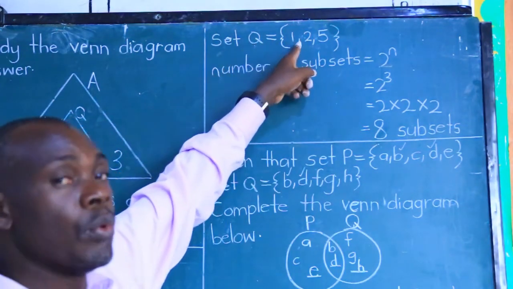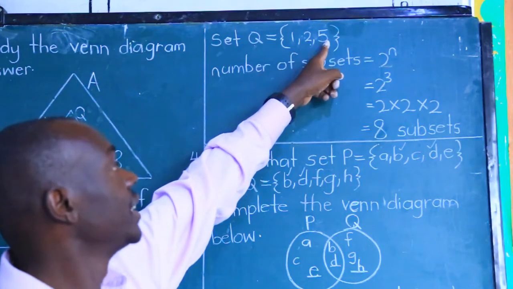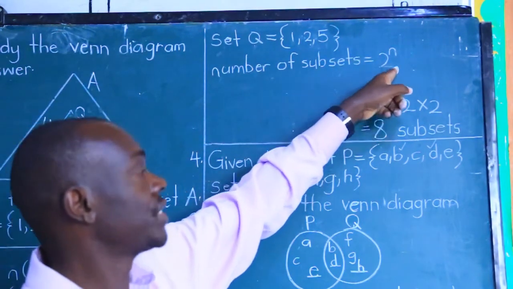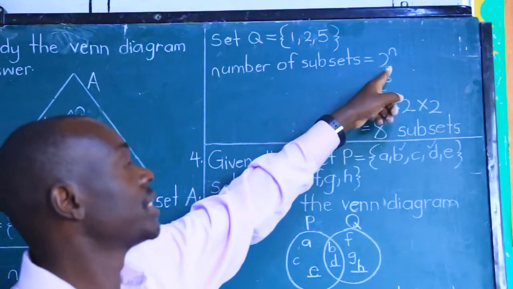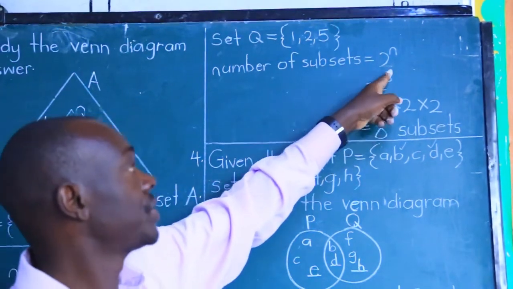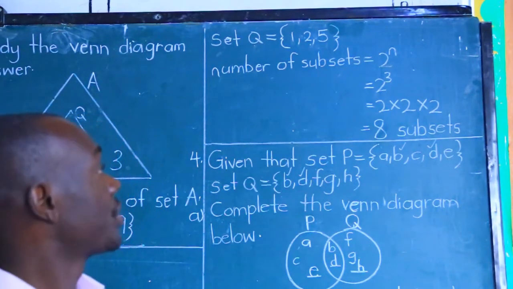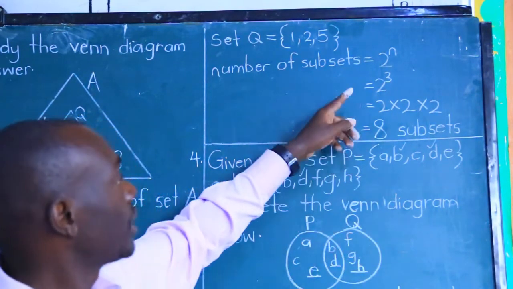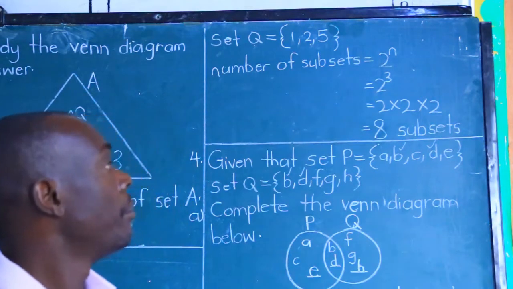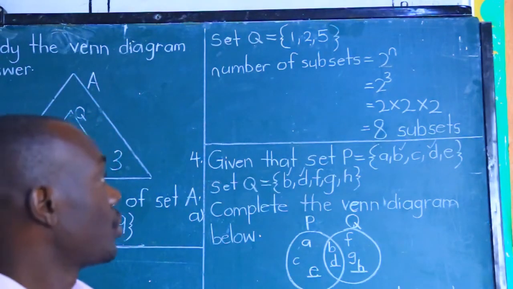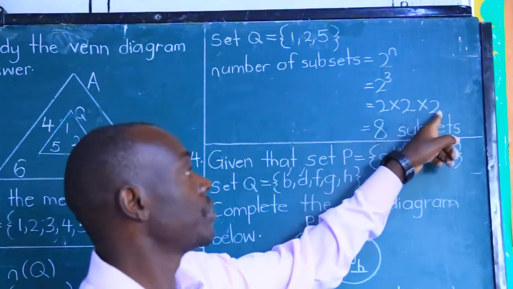Count together: 1, 2, 3. Replace that n with 3, so that you say 2 index 3, or 2 to the power 3, or 2 exponent 3, or the third power of 2, or the third index of 2. Where 2 cubed means multiplication of that 2 repeatedly, but thrice. So we say 2 times 2 times 2.